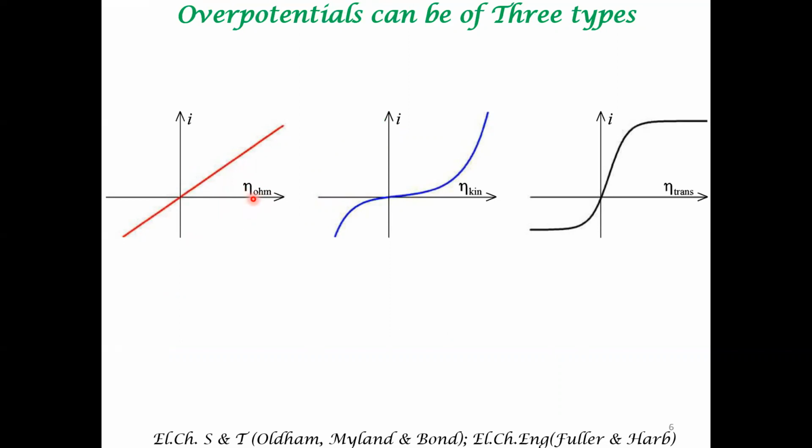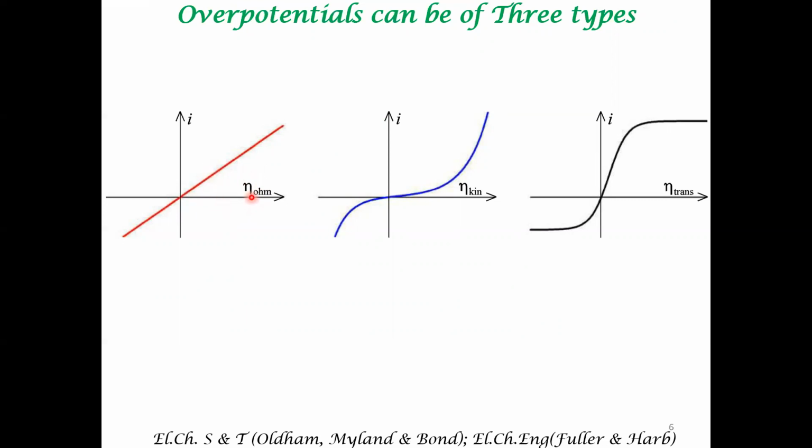There are three different responses, and based on these three different responses, we attribute three kinds of processes that are occurring. Here we are talking about an overpotential that is relevant to the electrolyte. We are not talking about the electronic conductor here. We are only referring to overpotential that is present in the electrolyte.